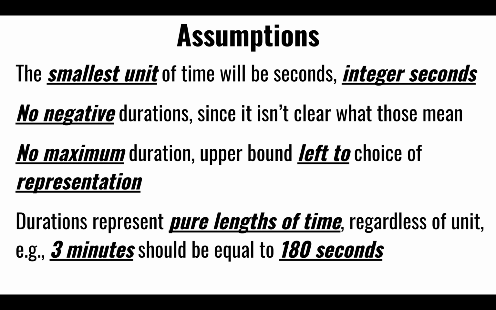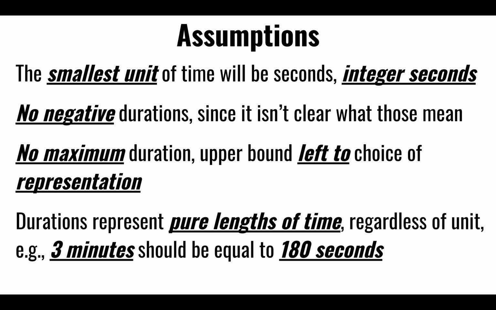So we'll settle on the smallest unit being the integer second, no negatives. We won't decide on a maximum yet. Instead, we're going to leave that open to be dealt with by a particular implementation, right?